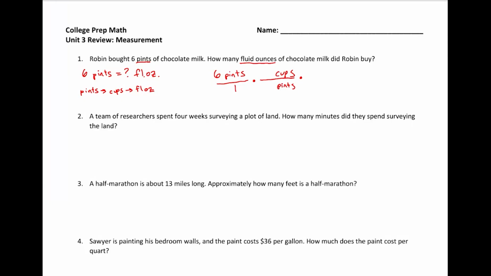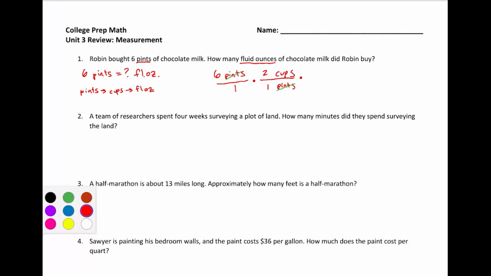There are 2 cups to 1 pint. When you set it up like this with the pints on the bottom, you can see when we multiply these, the pints are going to cancel out, leaving us with cups. If we were trying to go to cups, all you'd have to do is 6 over 1 times 2 over 1, get 12. But we need to go to fluid ounces.